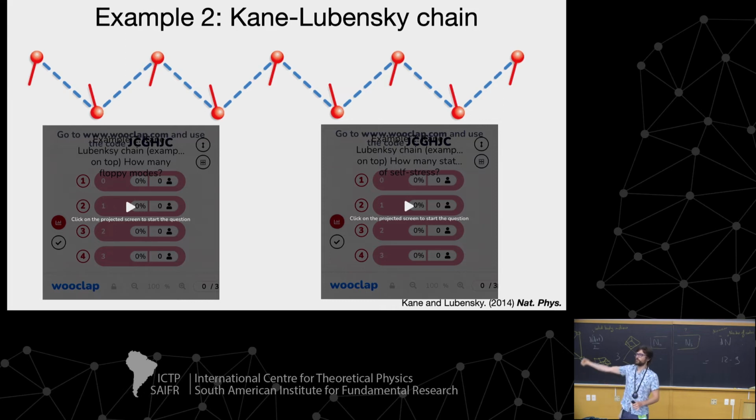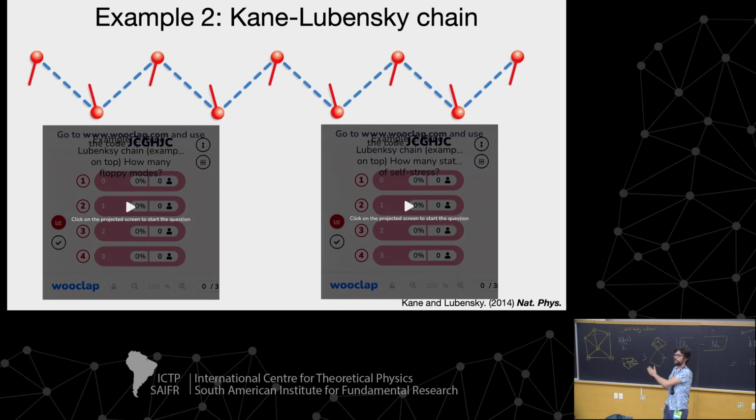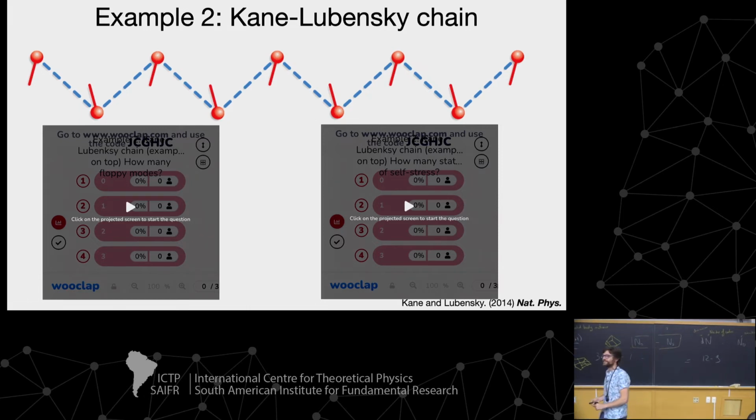The red ones are basically rotors, so this one can rotate like this and the next rotates like that. But these rotors are connected by a bond, a spring. The best way is probably the laziest way.